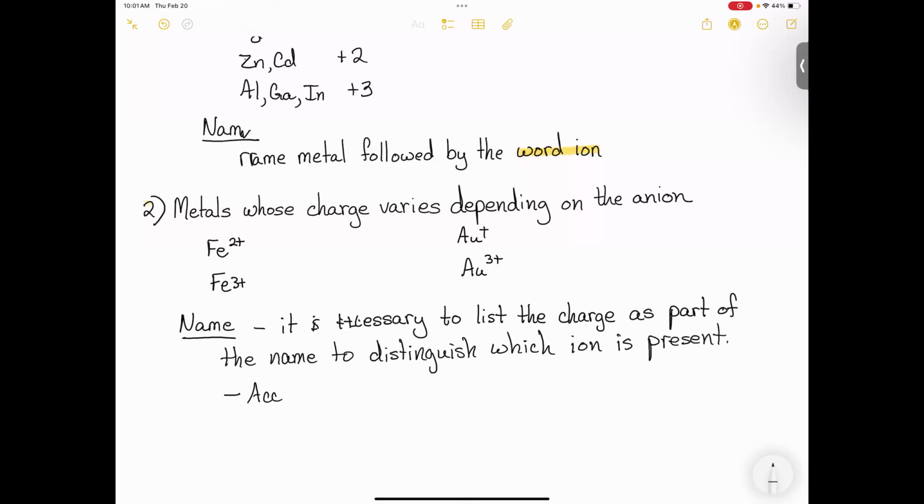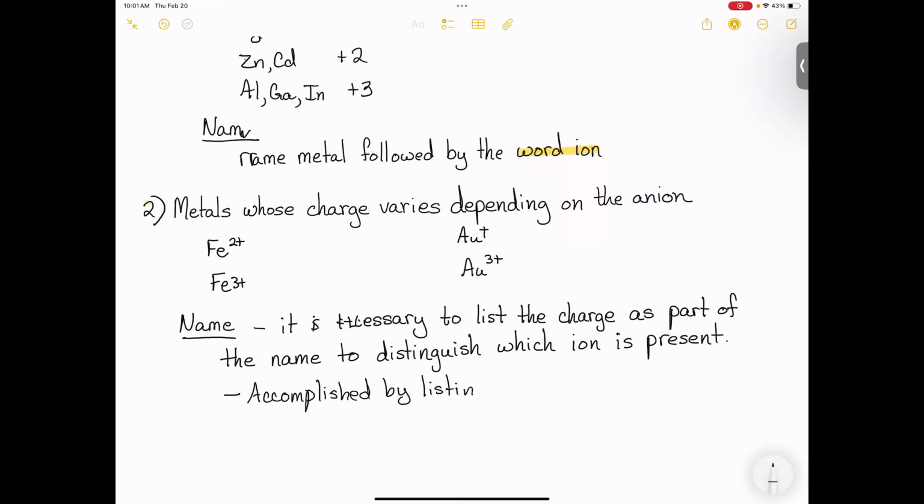This is accomplished by listing the charge as a Roman numeral in parentheses following the name of the element.